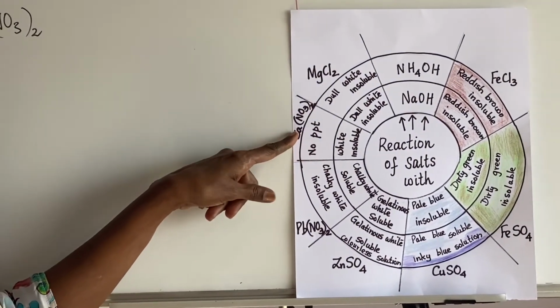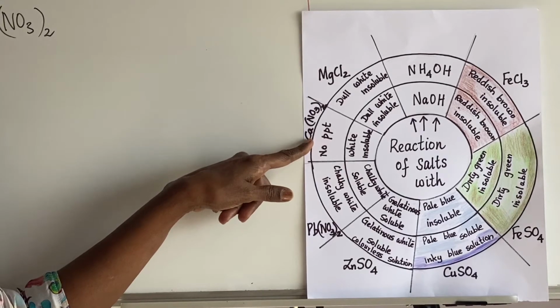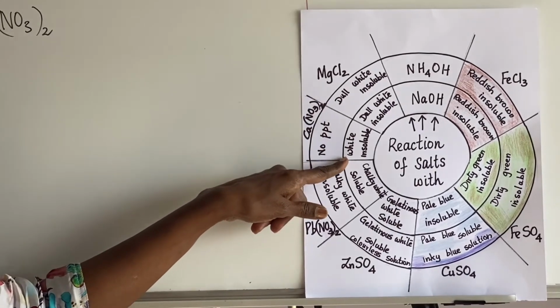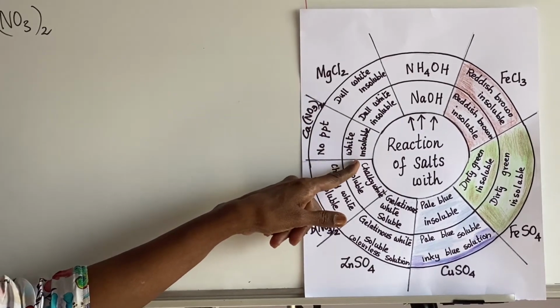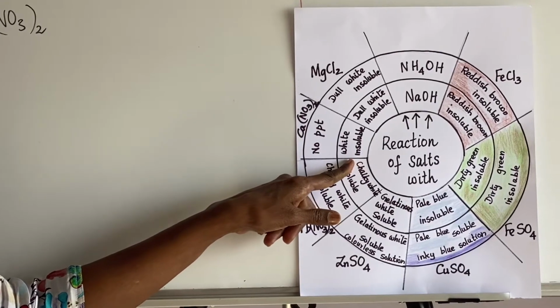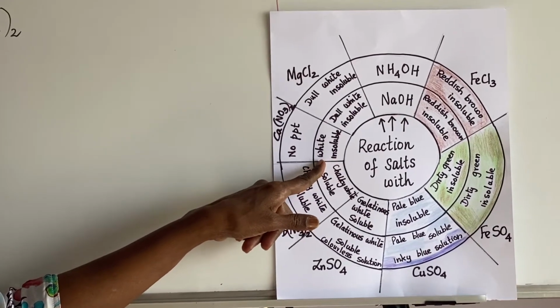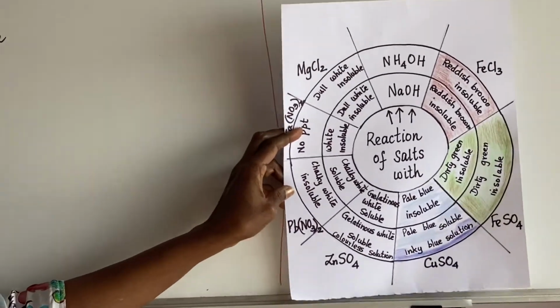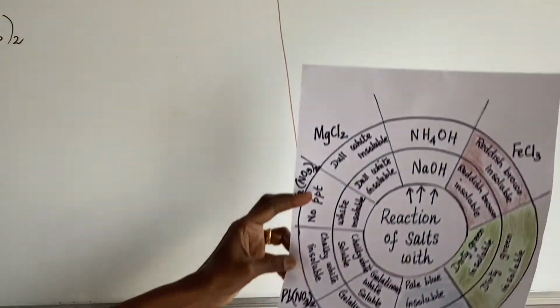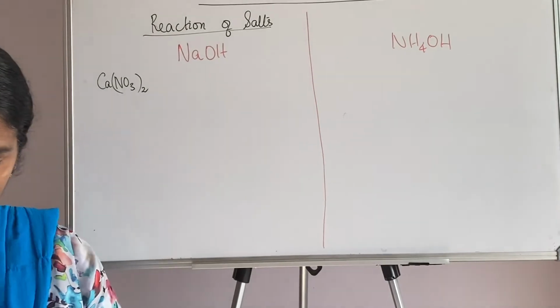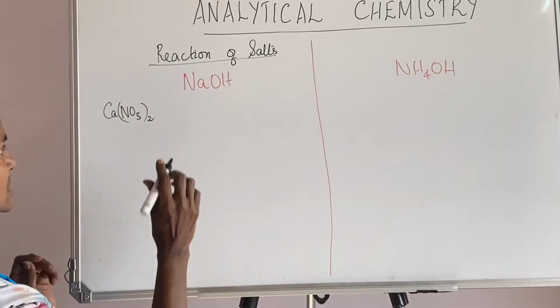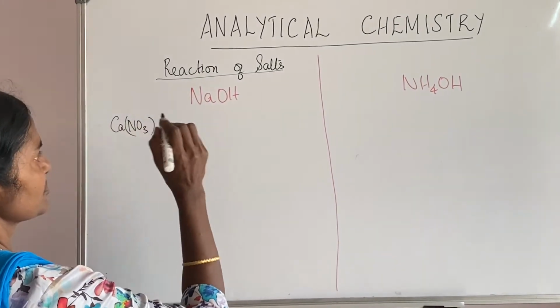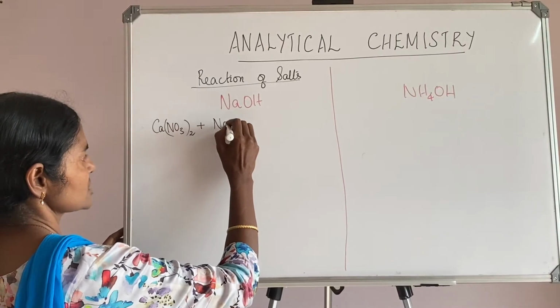Now when you take calcium nitrate with NaOH, there is a white colored precipitate, insoluble in excess. From now on we will be looking into this very often. So you get a white color precipitate with NaOH.